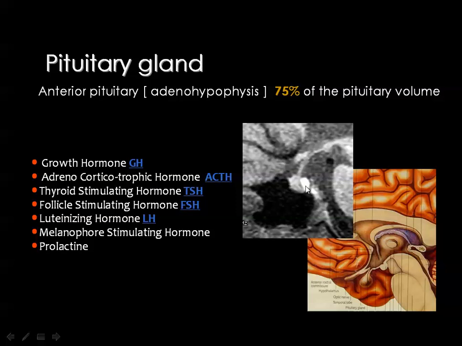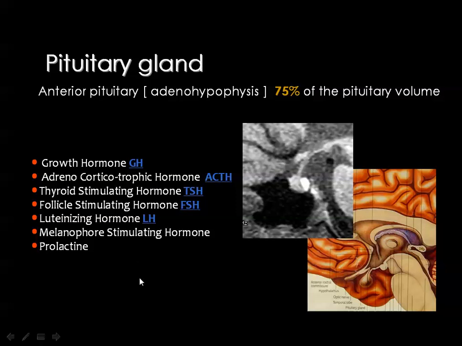Then it will appear brighter than the anterior pituitary. And this is the way to discriminate between both, and the discrimination is sometimes important, as I will mention.